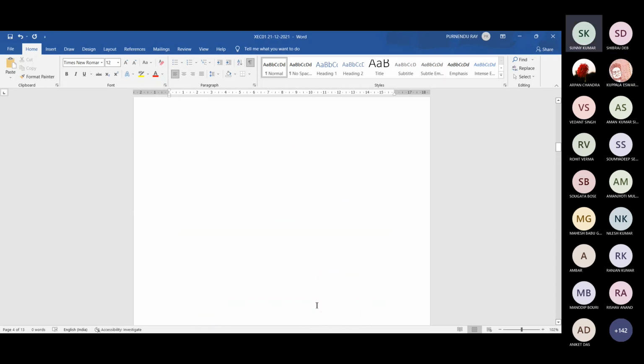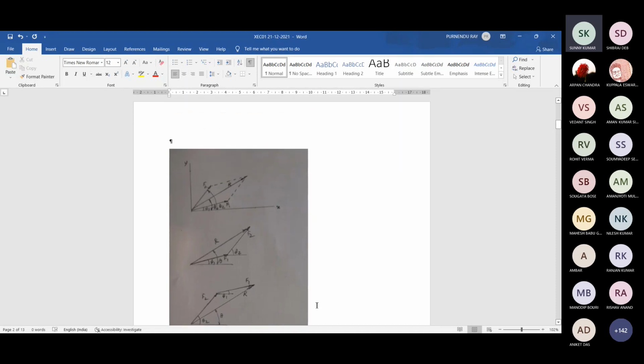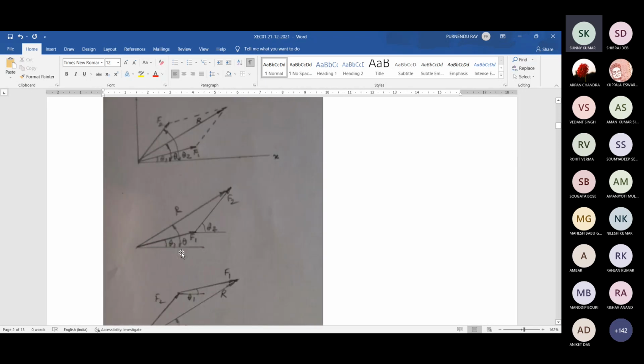Now we move back to this situation. Instead of this force R as resultant, if we consider it is the third force, F1, F2 and F3. F1, F2 and one F3 is there, whose direction is opposite to this line, this R, magnitude is same.